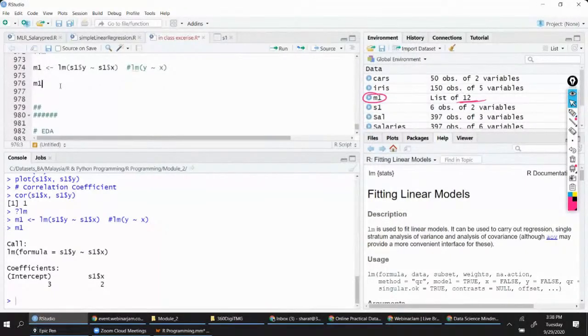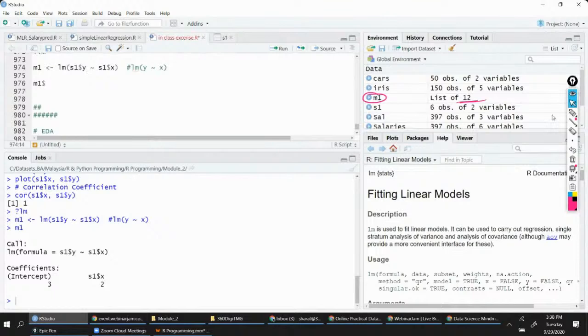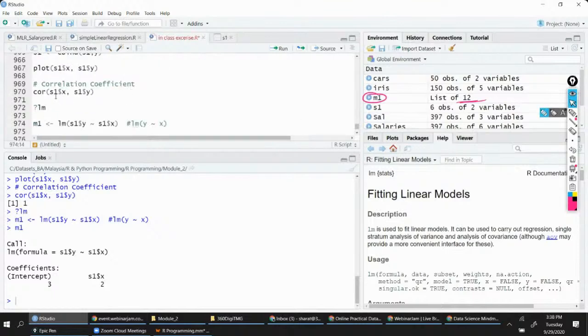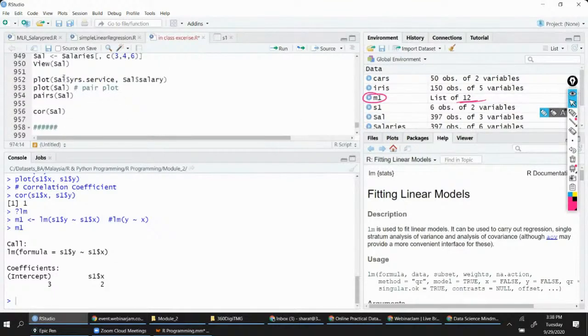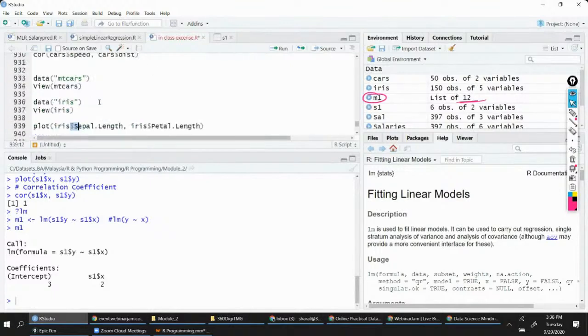And in R, if you want to refer to any of these sub values, then we put a dollar sign. Like here you can see the table name S1, then dollar, S1 dollar x, right? Similarly, we did the previous one also. Table name dollar.